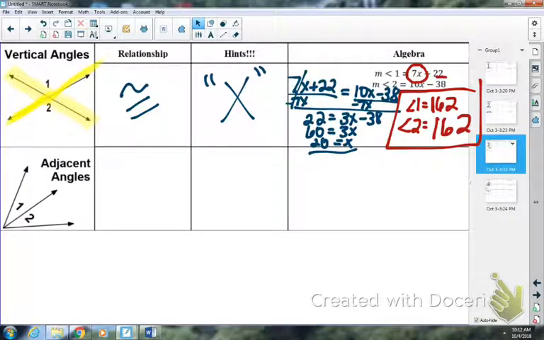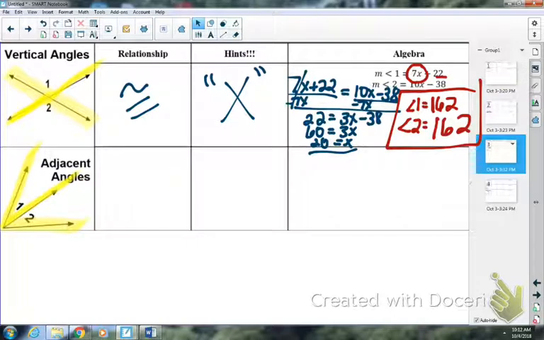Okay, a couple more to go. Adjacent angles. What's the relationship for adjacent angles? Do you remember what we put in our notebook before? They're side by side. They share a vertex. Good.